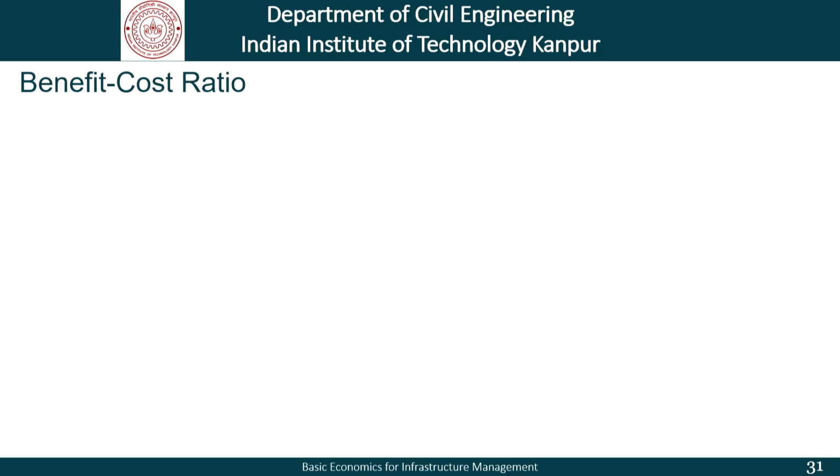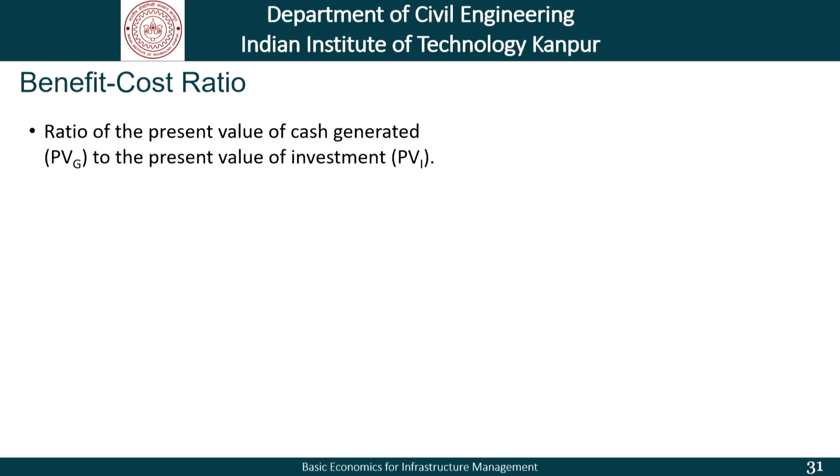Moving forward, we can talk about the benefit cost ratio. This is the ratio of the present value of cash generated, which is PVG, the generated part of it, to the present value of all the investments made, that is I. So this I here is investment, this G is generated, and what we are talking about is the present value of the investments and the revenues.